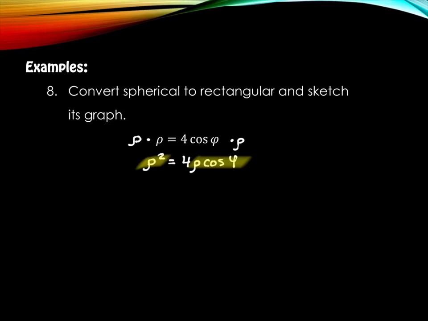So what is rho squared? X squared plus y squared plus z squared. And what is rho cosine phi? It's z. You all good with that?